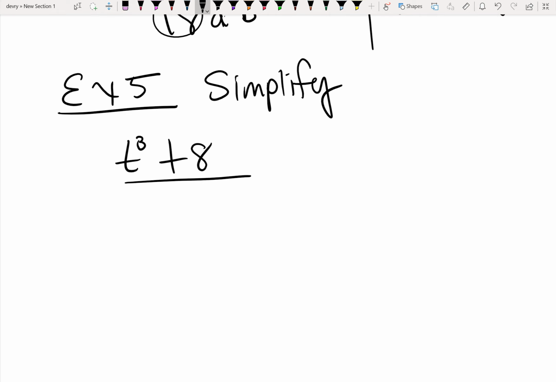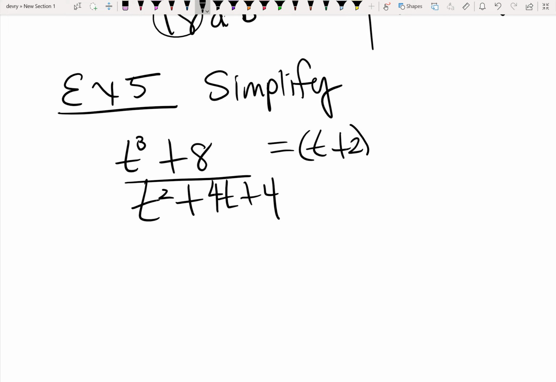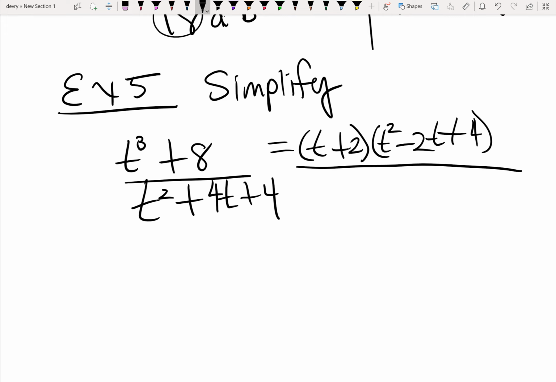And this is over t to the 2nd plus 4t plus 4. So immediately as I factor, I'm thinking this is a t plus 2 times t squared minus 2t plus 4. Remember the cubic function formula. If I look at this carefully, this has got to be a t plus 2 times t plus 2.